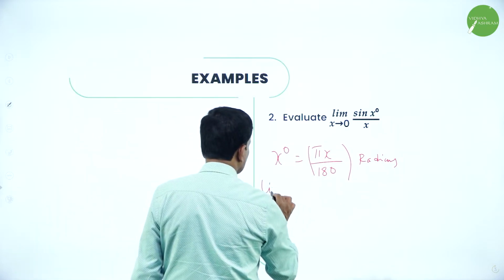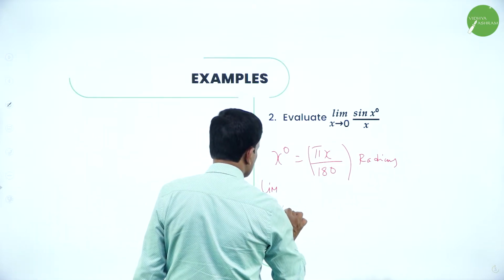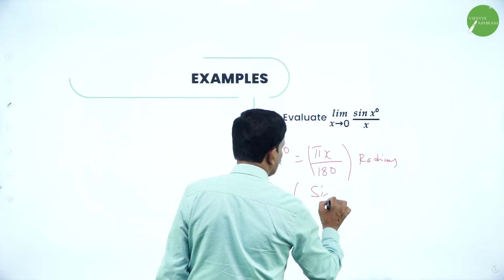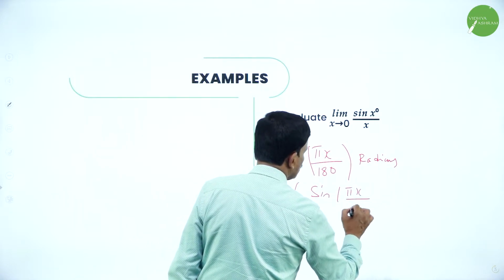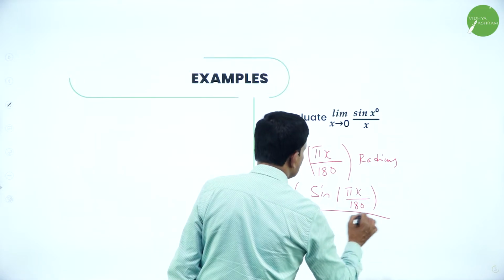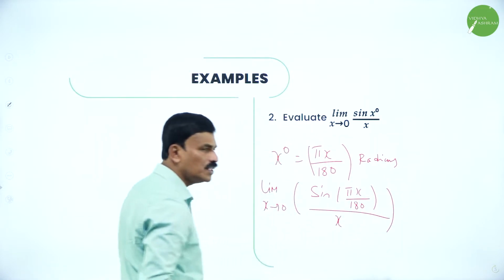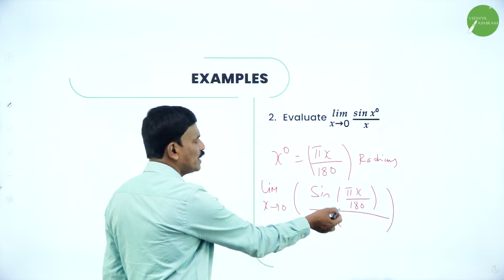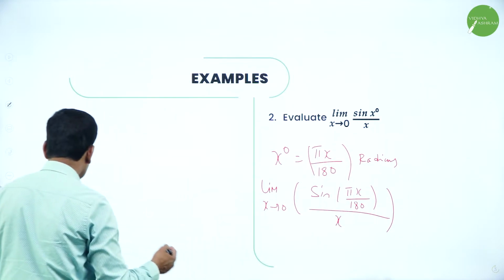Therefore this given limit can be written as limit x tends to 0 of sin of x degree, which can be written as sin of pi x divided by 180, divided by x. Now here just multiply and divide by 180 like in the previous problem.